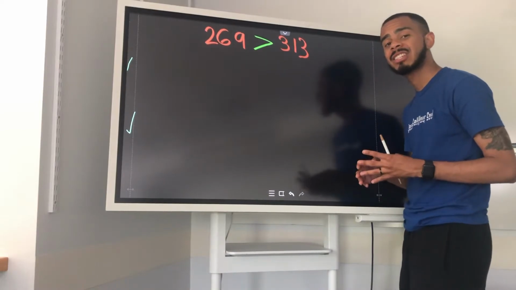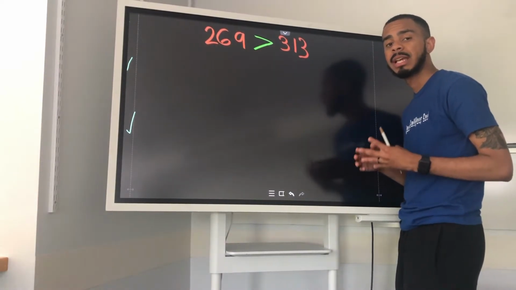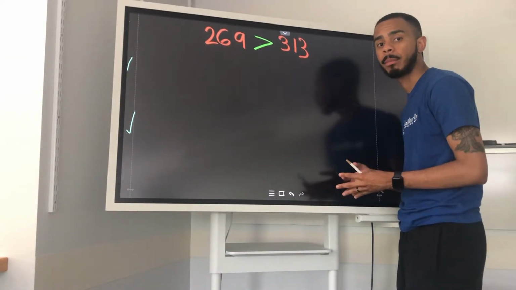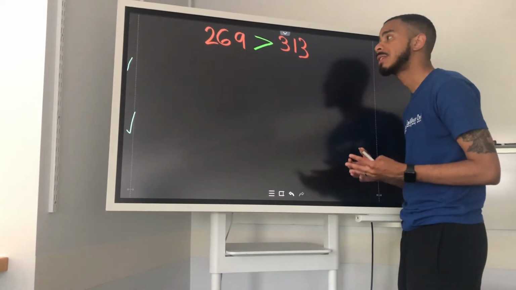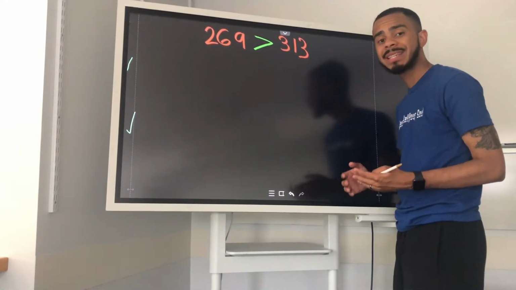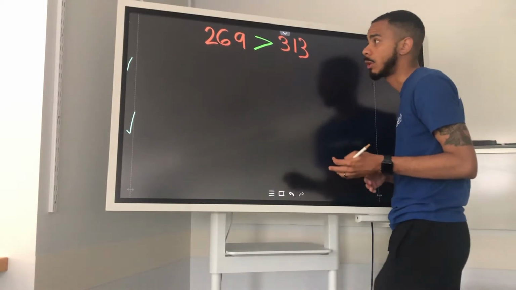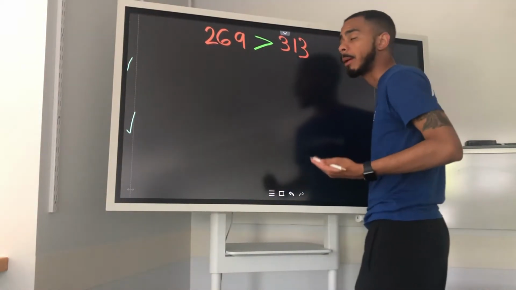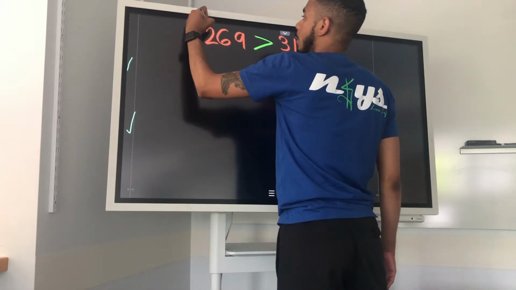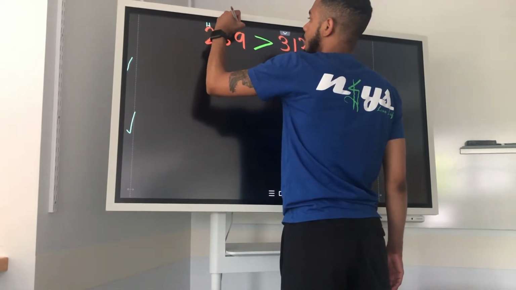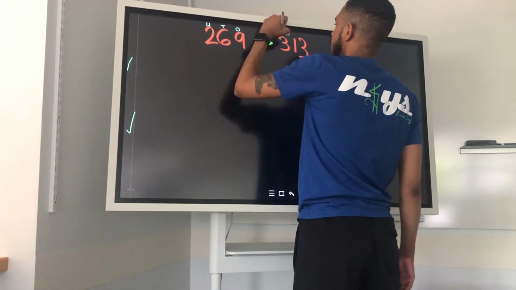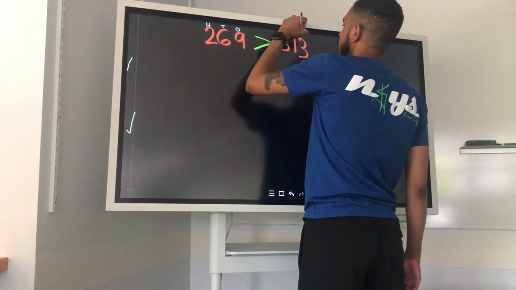Something I think is a good idea when we compare numbers is to draw them in base 10 form. Why? We can draw these numbers in base 10 form just so we can see them in a different way. So let's do that. First, let me label my place values. So we have the hundreds, tens, ones, hundreds, tens, ones.